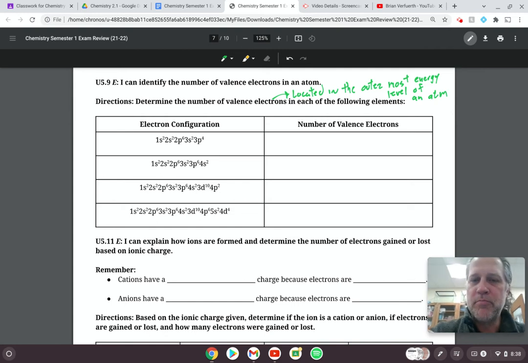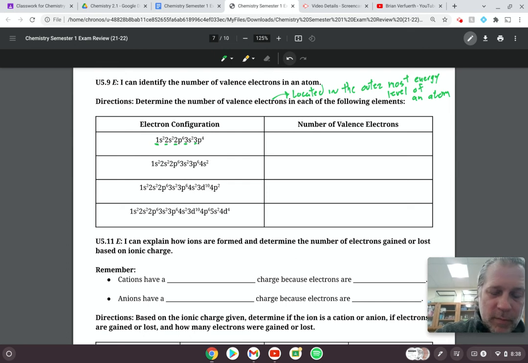So that's going to be the biggest principal quantum number, which I don't know why I said that because we didn't really talk about that. So we're really talking about these numbers here, the big ones, the coefficients, the ones, the twos, the big threes, right? So the larger the number, the further away from the nucleus of the atom it is.